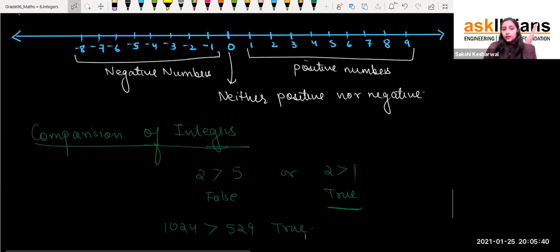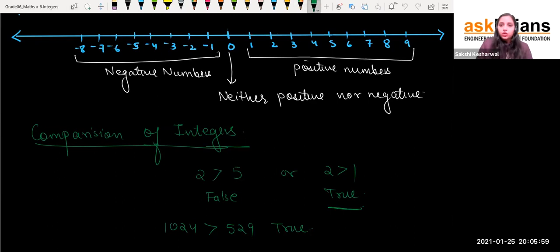On the negative numbers, can I say that 0 is greater than -1? Yes, 0 is greater than -1 because you are going on the left-hand side of the 0. Is 0 greater than any of the negative numbers or not?